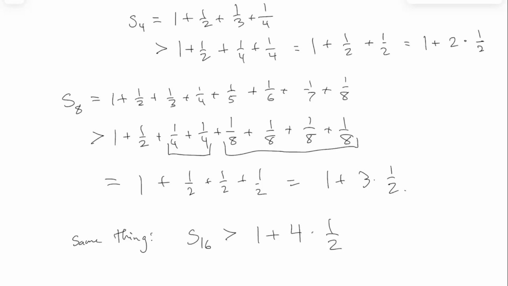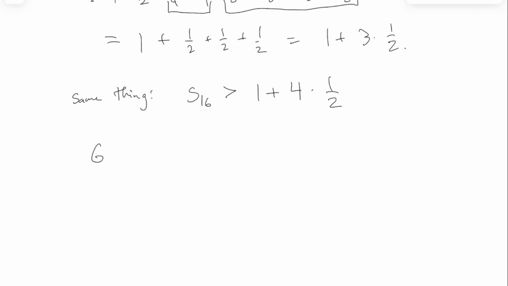And generally speaking, 16, of course, that's 2 to the power 4. It is generally true that S of 2 to the n is greater than 1 plus n times a half. I was doing this for 8 and then 16, and then the next one would have been 32, I guess, which is 2 to the 5th.